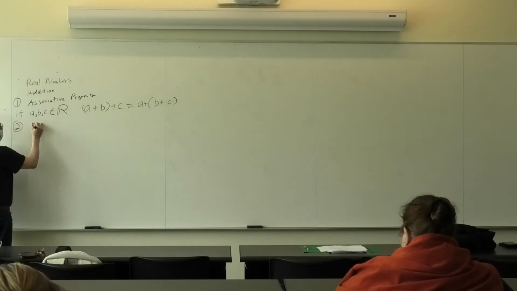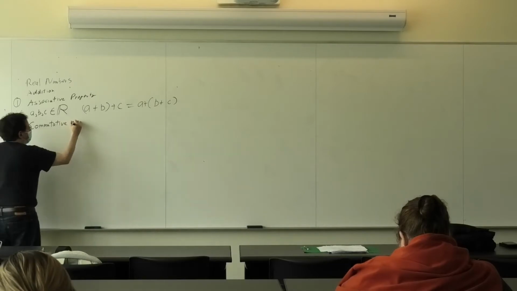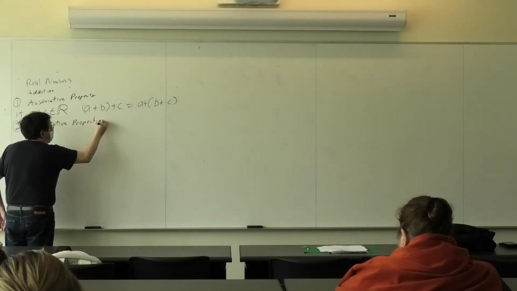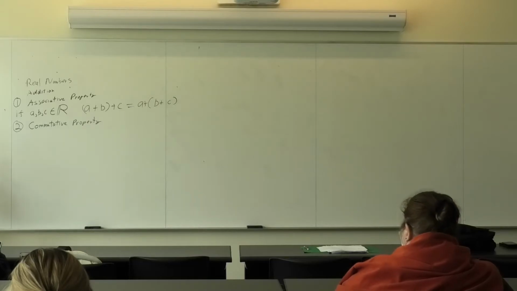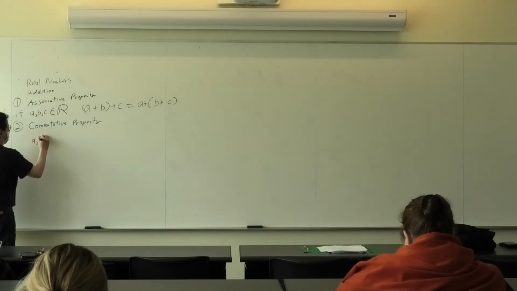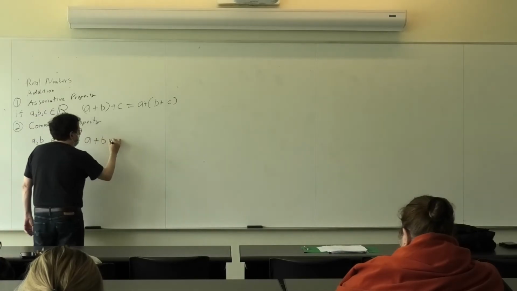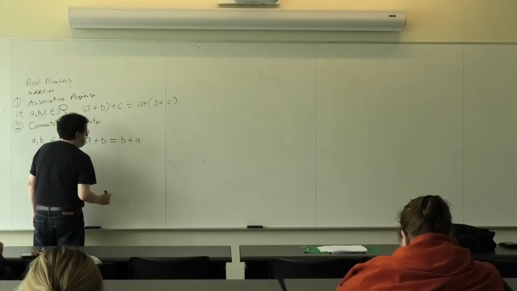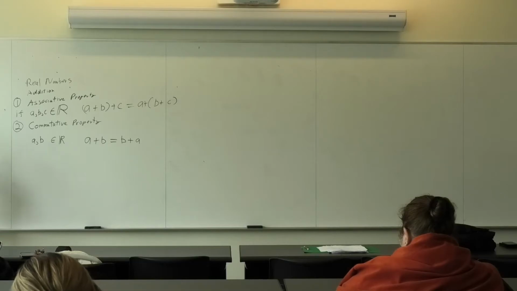Next on the list is the commutative property. Anyone know what the commutative property is? It's also going to be like, oh yeah, of course, but I just didn't know the name. It says that A and B are any real numbers, then A plus B equals B plus A. That may seem really obvious, and at this point it is.